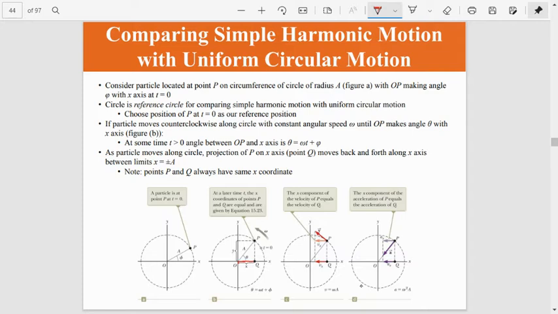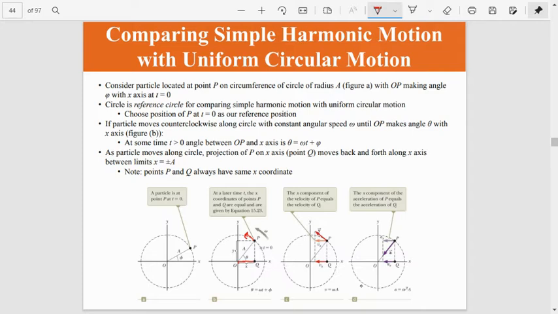And because the particle is moving counterclockwise, starting off then, the projection will be moving to the left, as shown in graph C. And likewise, the horizontal displacement of particle P is to the left, and the speed of point P, being uniform circular motion, is tangential, as shown in graph C.